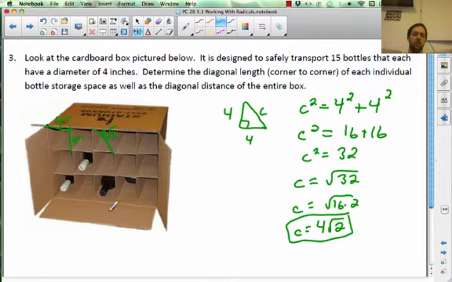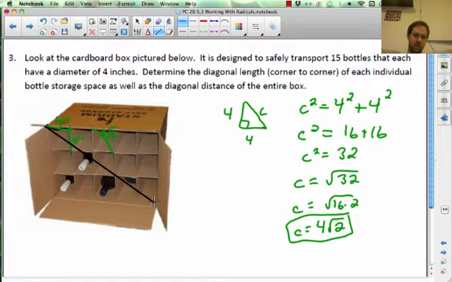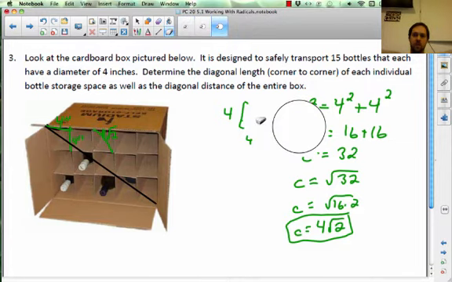Now, it'd be nice if we could just count the diagonals to go across the whole box, but it doesn't work that way because it's not a perfectly square box, it's rectangular. So we have to go all the way across from corner to corner like this instead, meaning we have to do the exact same thing that we just did, but for the entire box.